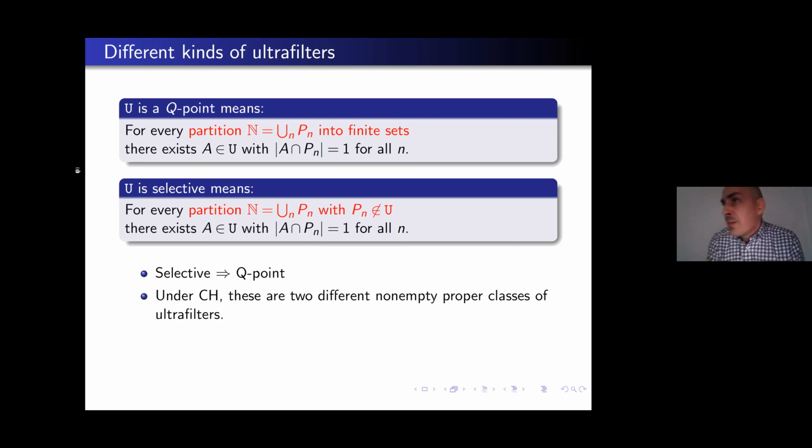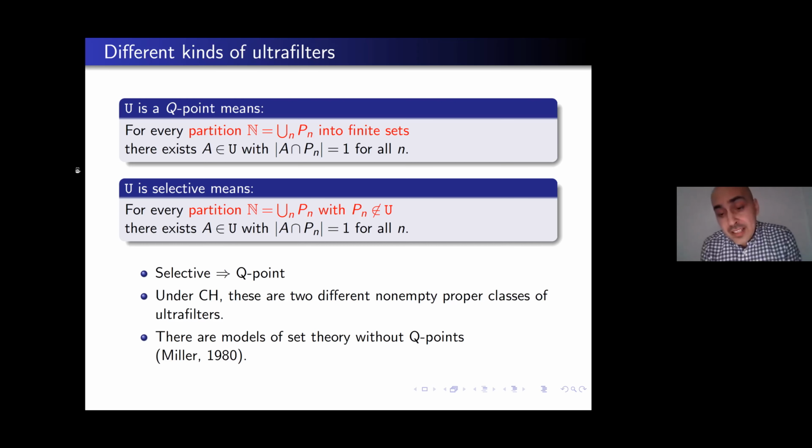The point is that in some models there may be Q points or there may be no Q points. And that's what I said, that one can find models of set theory where there are no Q points at all. So these are nice properties of ultrafilters, but whether one can really choose ultrafilters satisfying one property or another depends on the model of set theory we're working with.